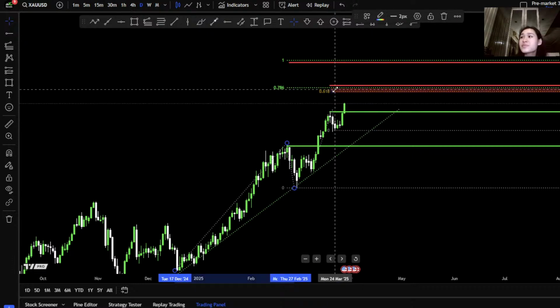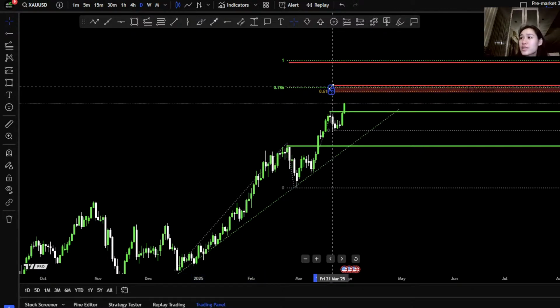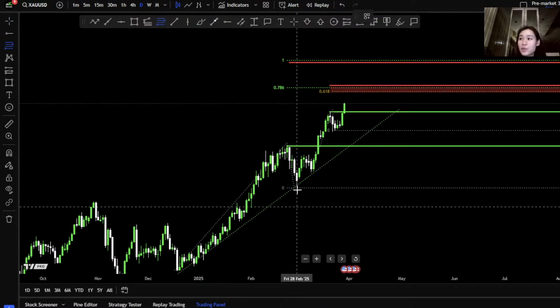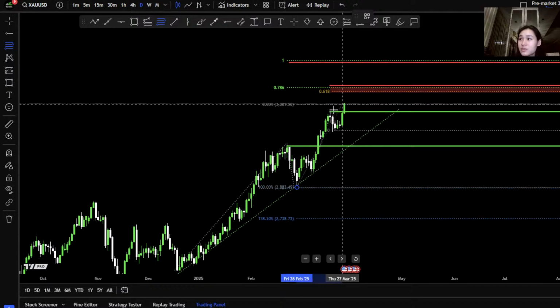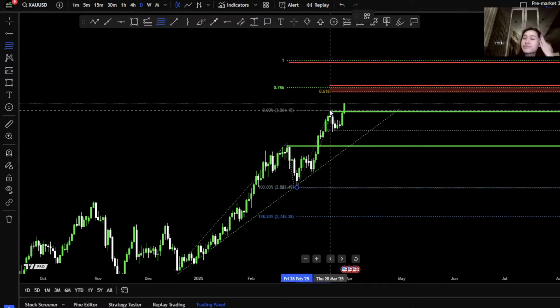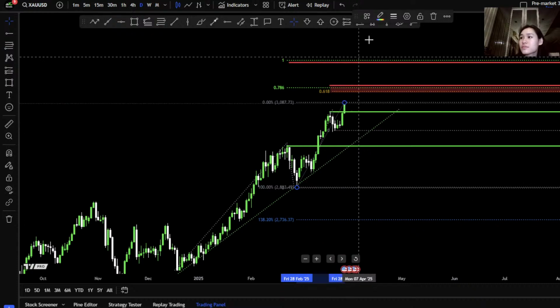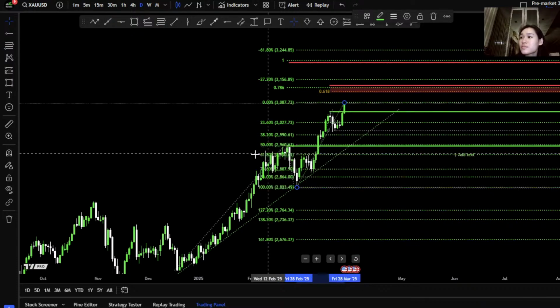Okay, now let's take a look at some other Fibonacci levels. I'm going in with a retracement now. Here you can see our 50% lines up nicely.